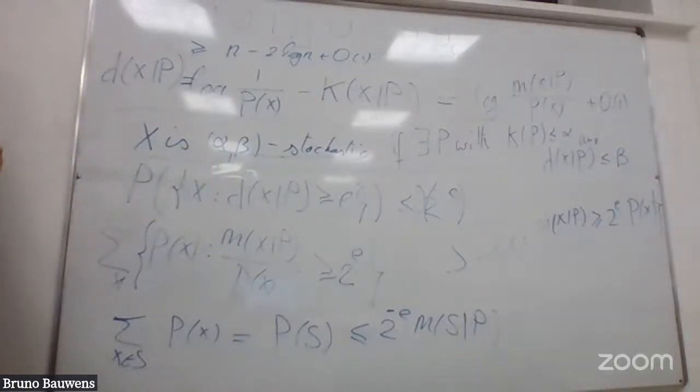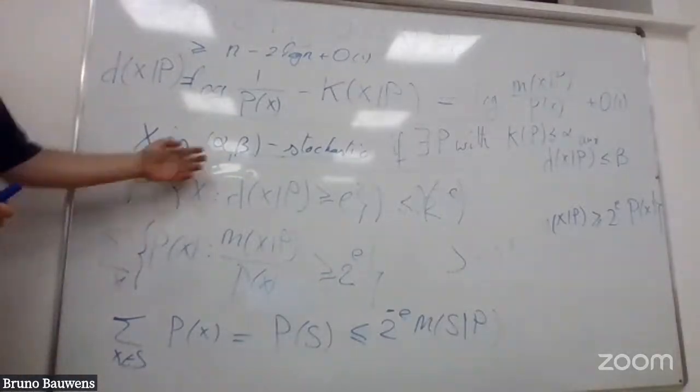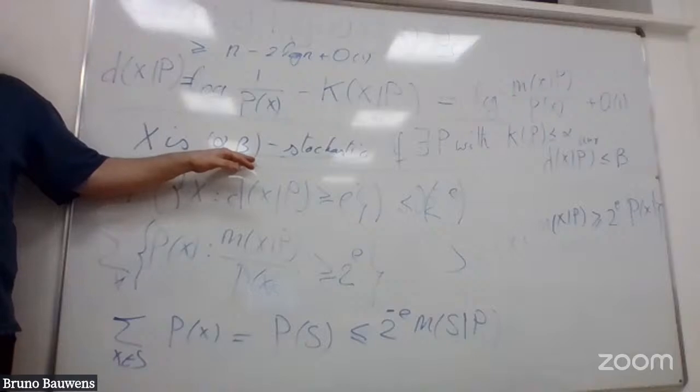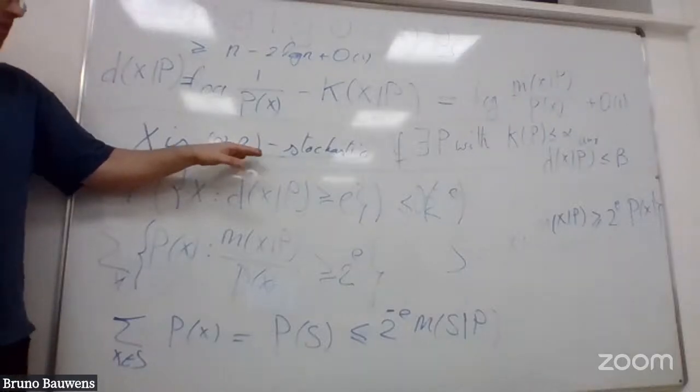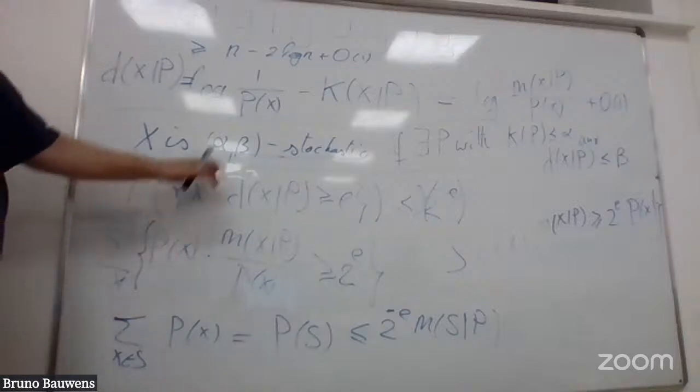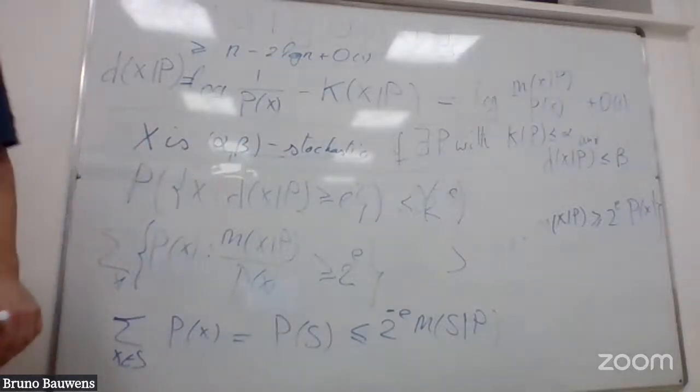And it turns out that whenever alpha and beta are small, alpha plus beta smaller than n, there exists a string that is alpha beta stochastic. But first, let us understand what the trivial things are that we can say for any string.